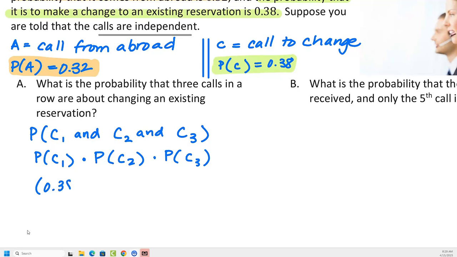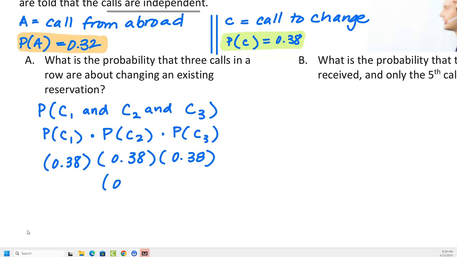So it's 0.38 times 0.38 times 0.38, which is 0.38 cubed. When I cube that, I get 0.055, or a 5.5% chance.